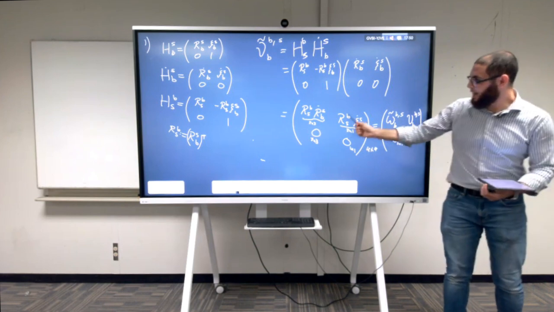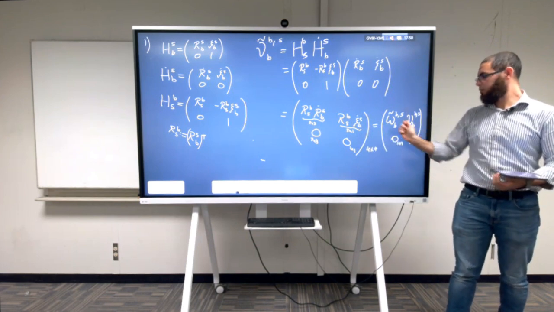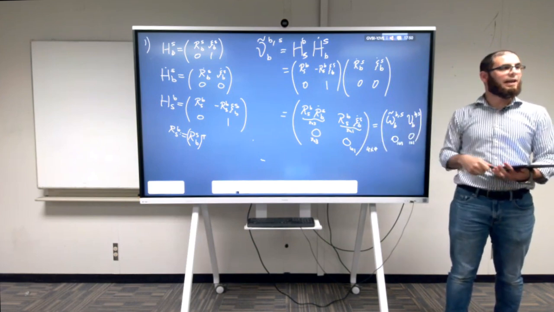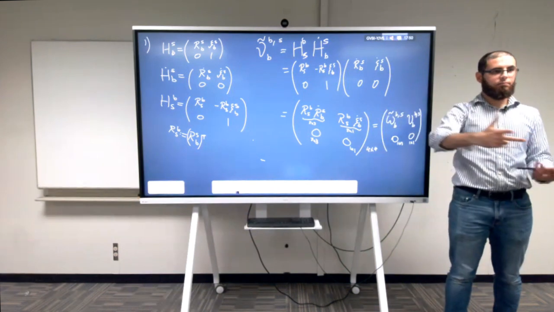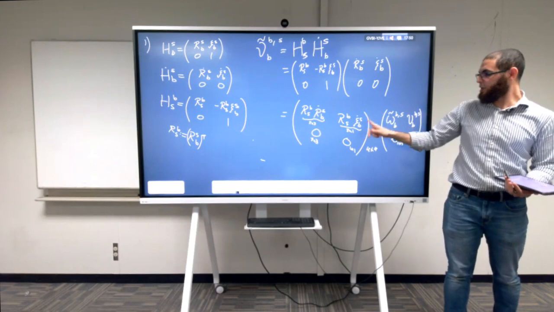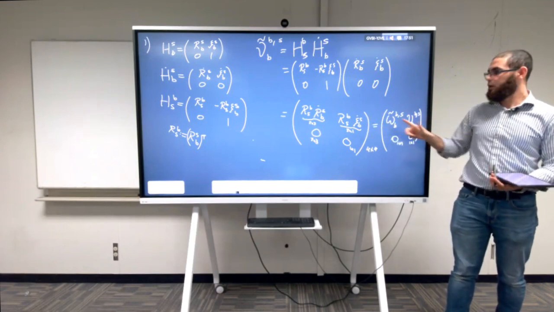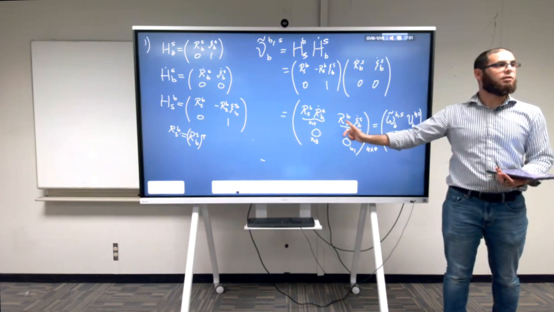So if this guy is the identity, then what is the relation between these two? They are the same. And this is exactly what you know in linear translation or point mass dynamics. So the kinematic relation between the rate of change of the configuration of position is the velocity, only holds if you don't have orientation change.